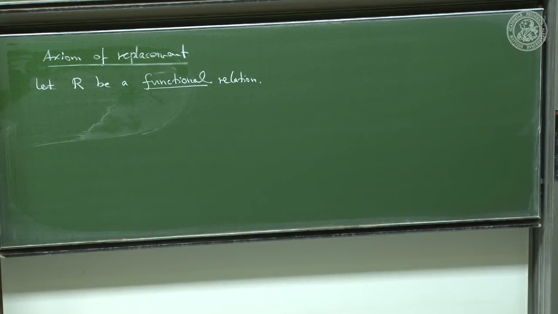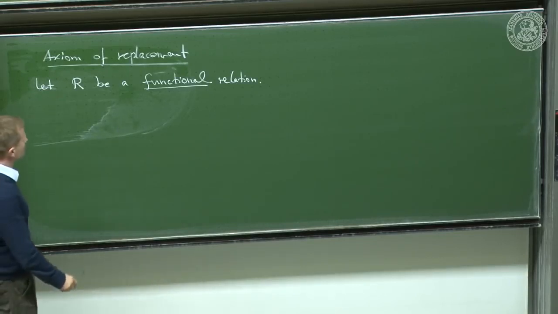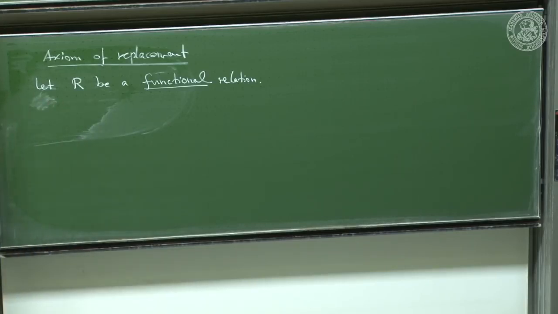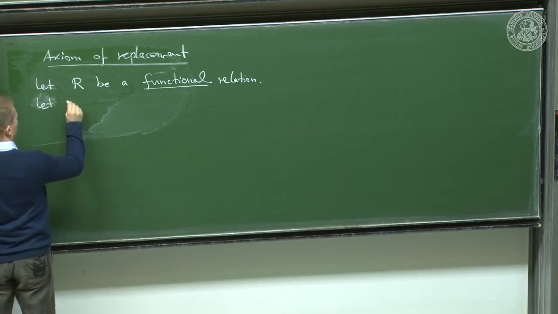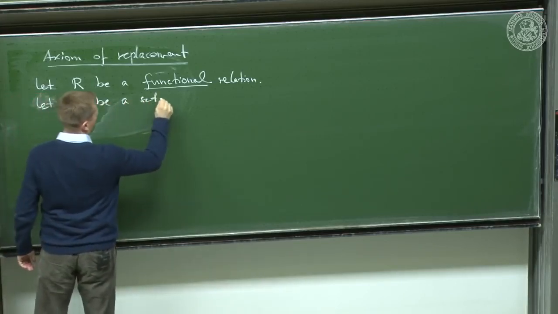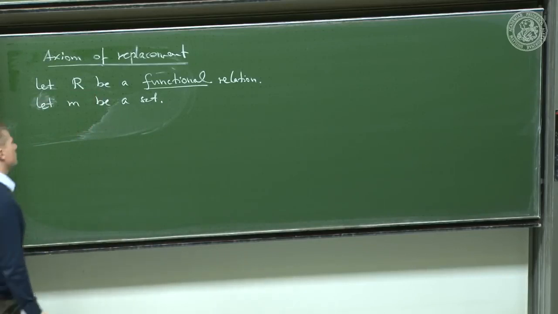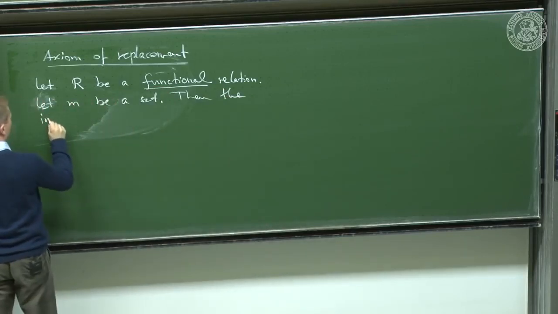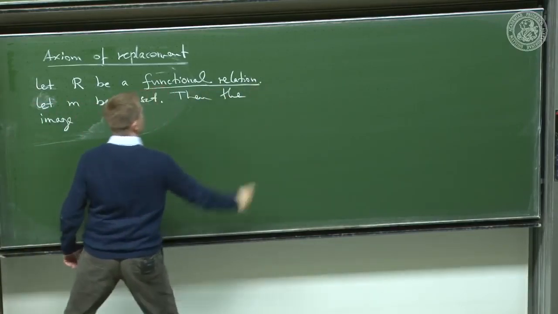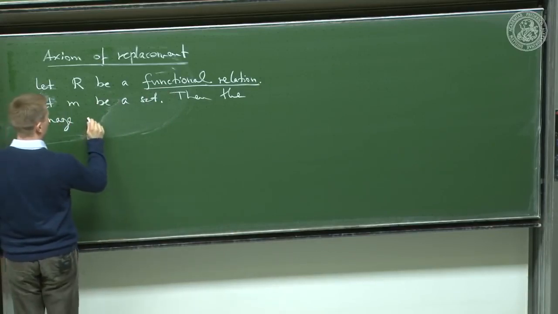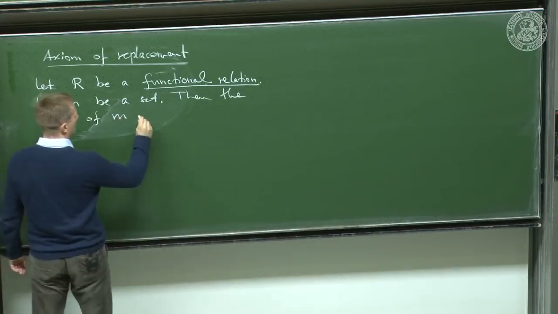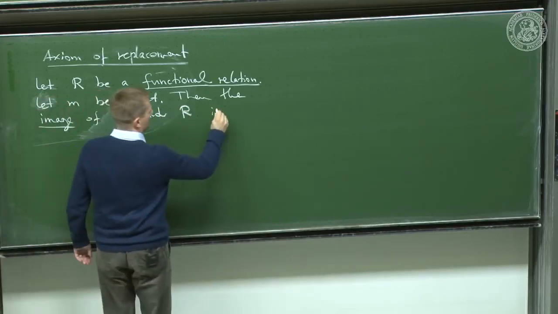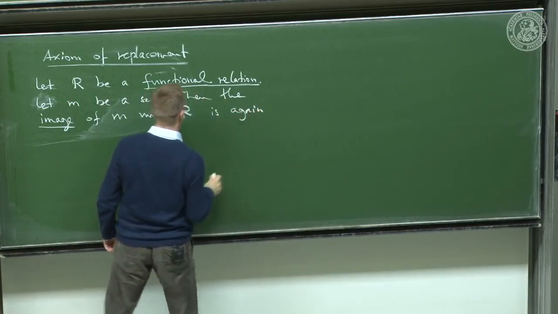So we may assume its existence. Let R be a functional relation, and let M be a set. Then the image of the set M under the functional relation R is again a set.